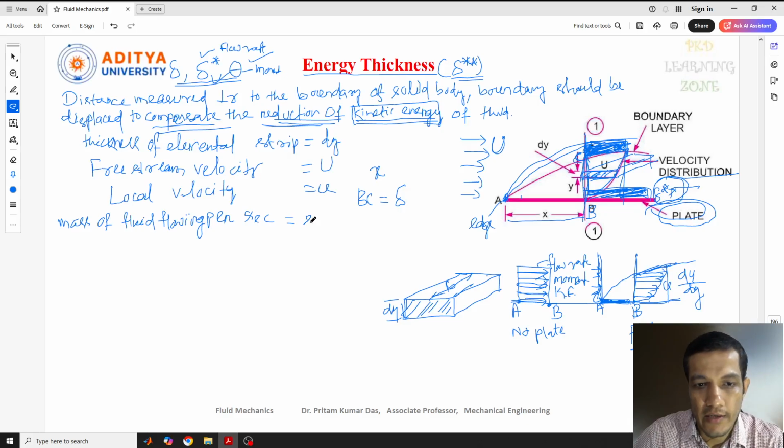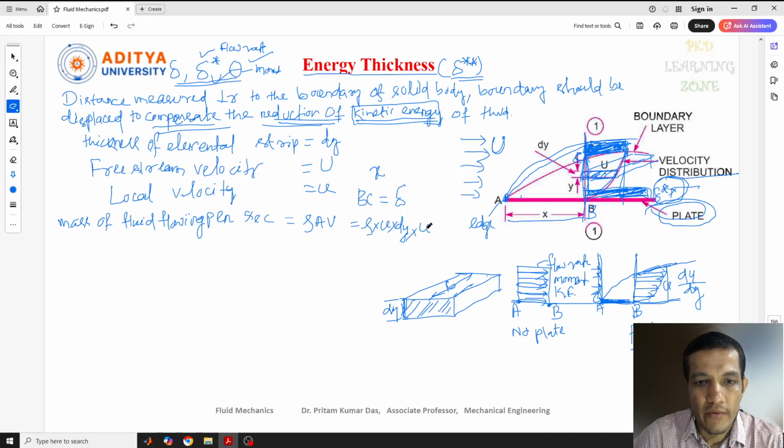What is the area? The area is the thickness of this strip and the width. So that is rho into small u into dy into velocity. The velocity here is also small u.